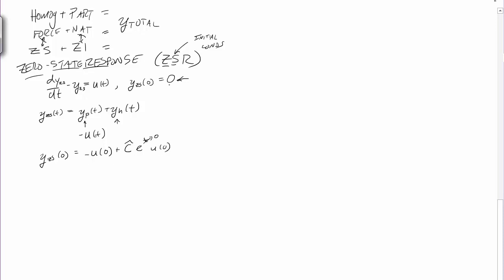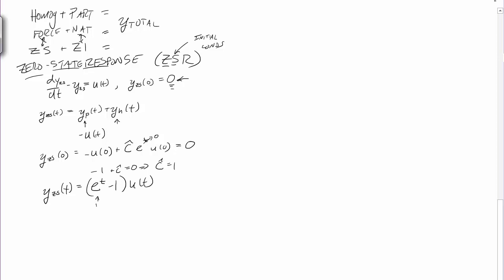And this is critical. Instead of setting this equal to 1/3, we're going to set it equal to 0. That's what we mean by zero state. So here we have negative 1 plus c hat equals 0, better known as c hat is 1. So the zero state response, the ZSR of this problem, is e to the t minus 1 times u of t.